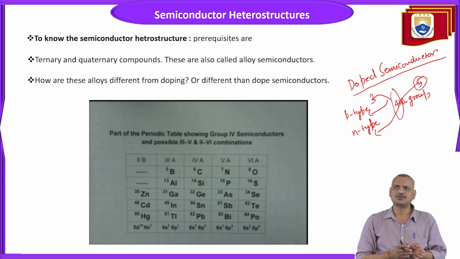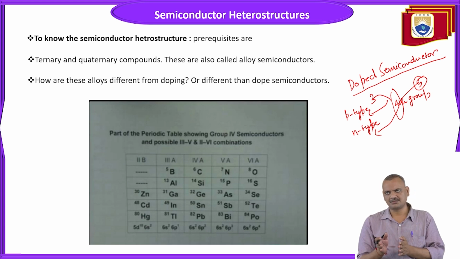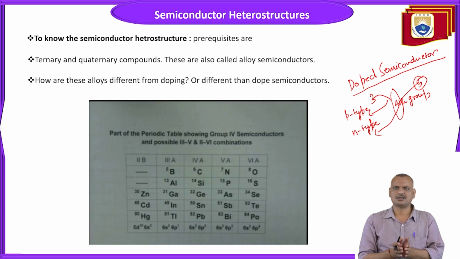And once you dope some third group or fifth group element, whatever compound you get after doping, either n-type or p-type depending on your doping element, that whole thing is known as a doped semiconductor.